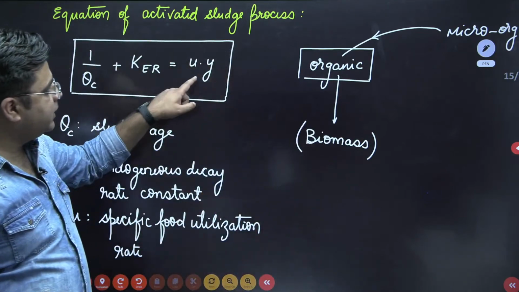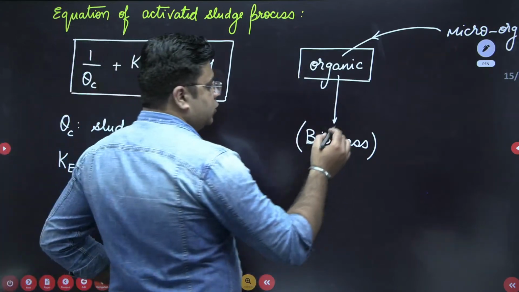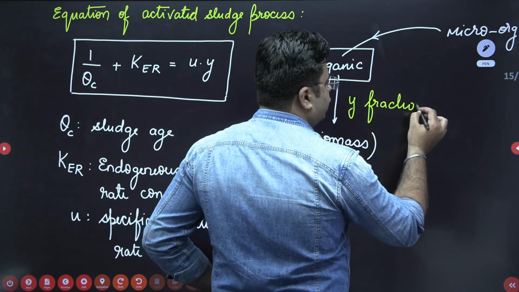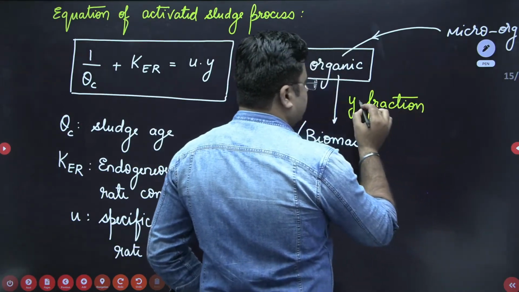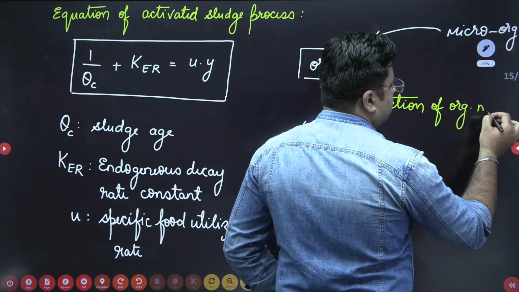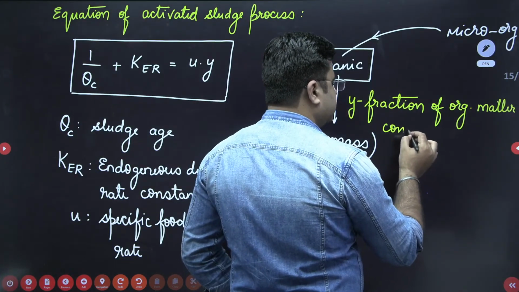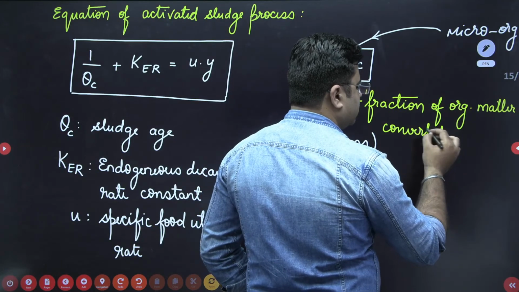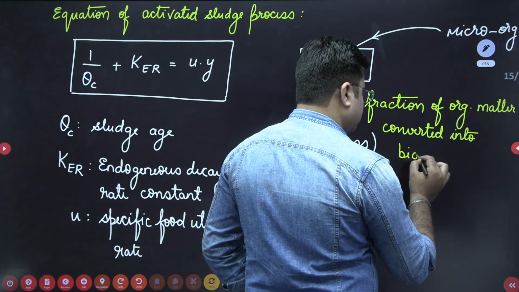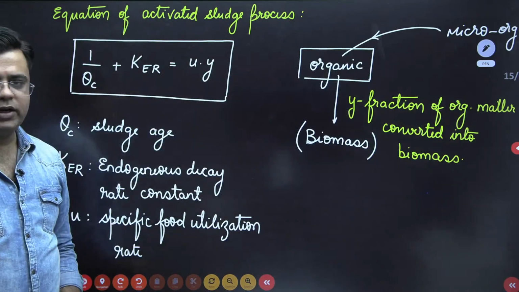Now this Y is that fraction of organic matter which is converted into biomass. So Y is the fraction of organic matter converted into biomass, right?